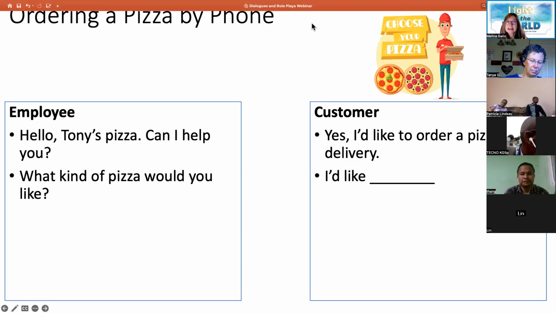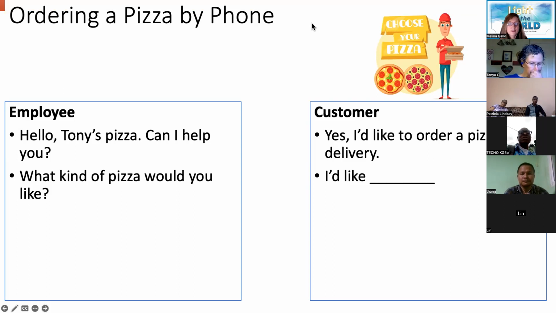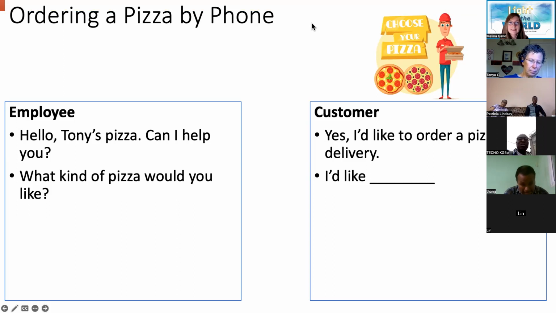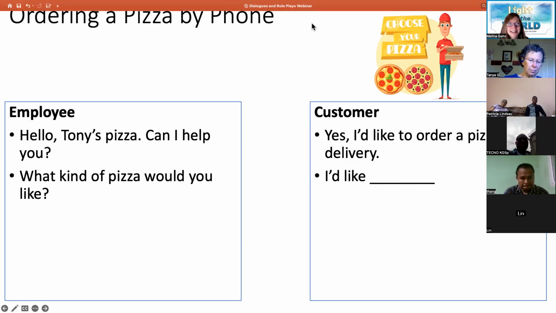And so in preparation for ordering a pizza, we did this exercise in class. So we would try to predict what are some words and questions you are likely to hear when you order a pizza. So we would start out with things like, hello, Tony's Pizza, can I help you? Except in real life, you know what? It's a lot faster than that. They say, hello, Tony's Pizza, may I help you?